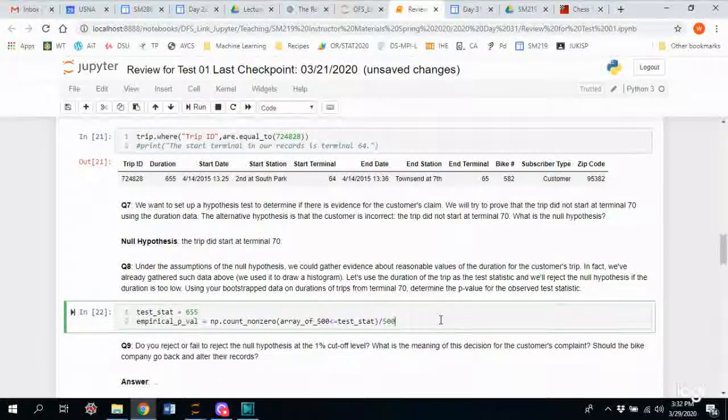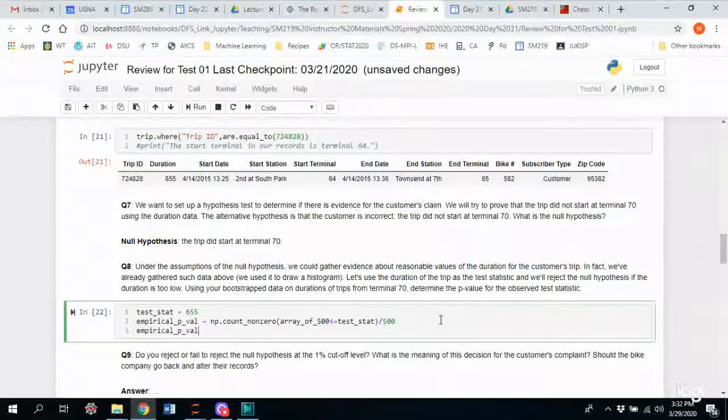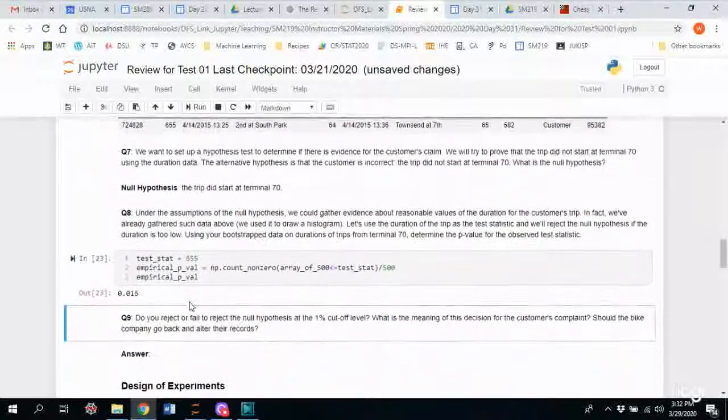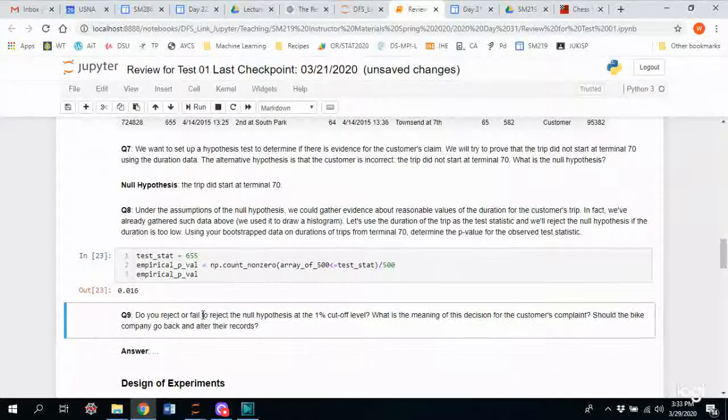And oops, that's helpful, but what we really want is to see also the empirical p-value. And the empirical p-value is 0.016, 1.6%. And now the question is, do you reject or fail to reject the null hypothesis at the 1% cutoff level?